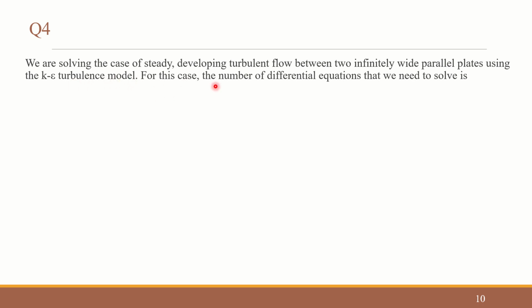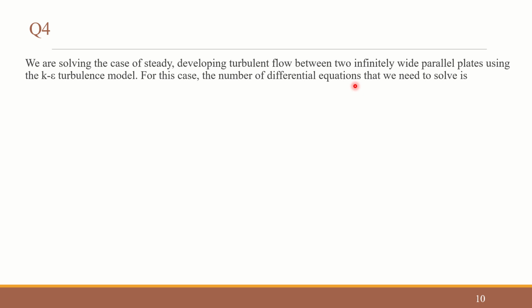And how many partial differential equations do we need to solve? In the general case, if it is not a turbulent flow, let us just consider flow through a cylindrical pipe whose cross sectional area is circular. How many partial differential equations do we solve in such cases?